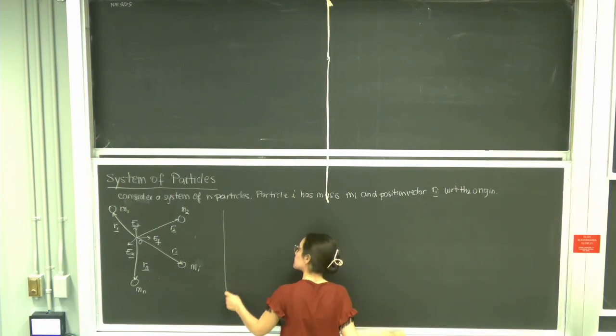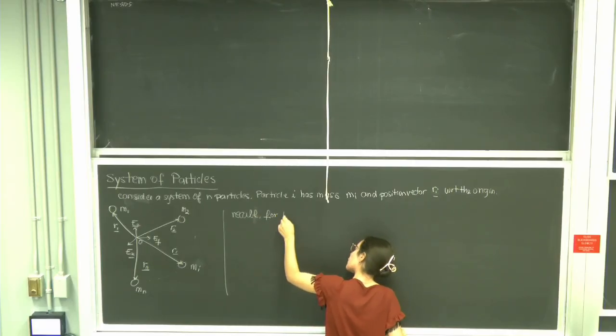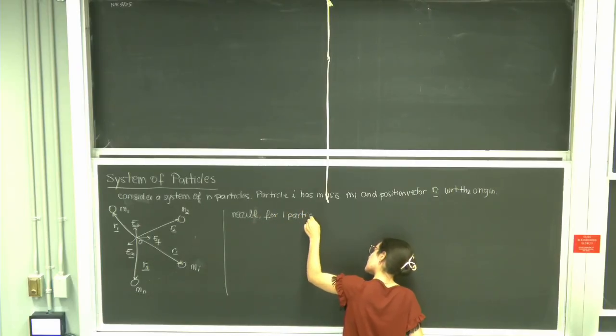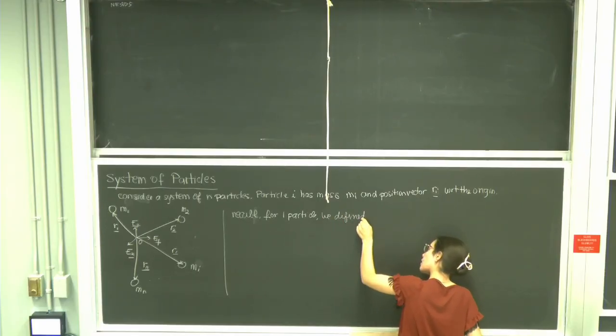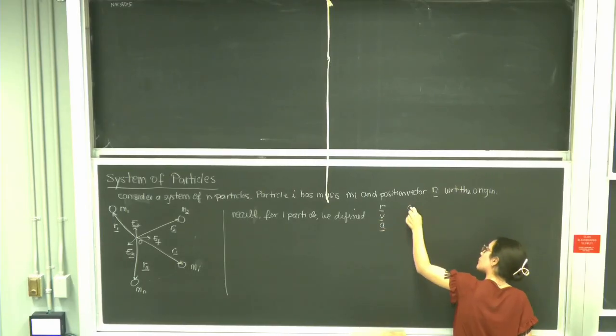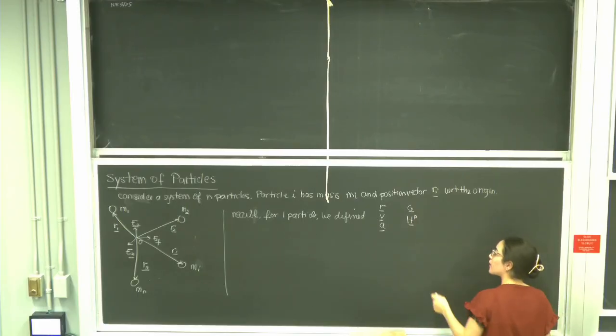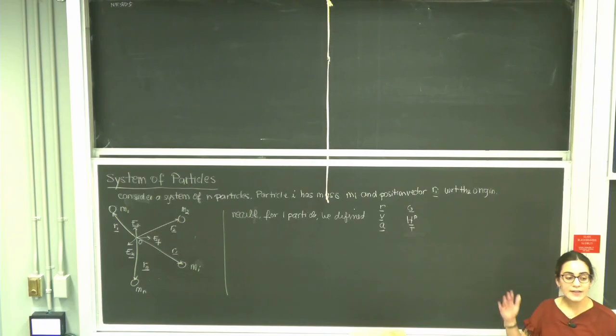Recall for one particle, we defined the position vector r, the velocity vector v, the acceleration vector a, the linear momentum g, the angular momentum about a point p, and we defined the kinetic energy, scalar. So we defined all these kinematical quantities for one particle.